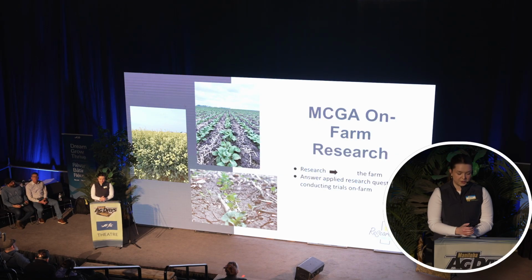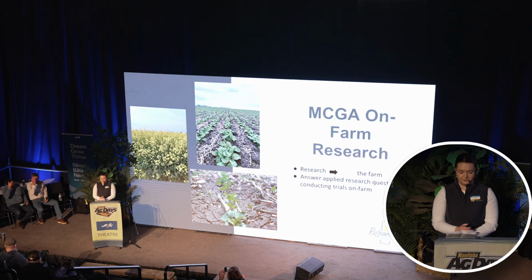This on-farm research approach allows us to answer applied research questions that can't always be fully addressed through small plot or greenhouse studies, while also better understanding the likelihood of success and economic impact at the field level.